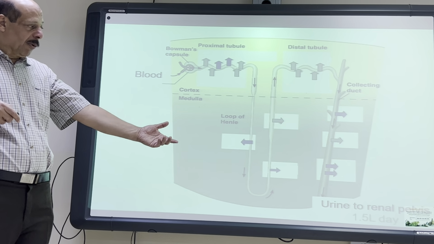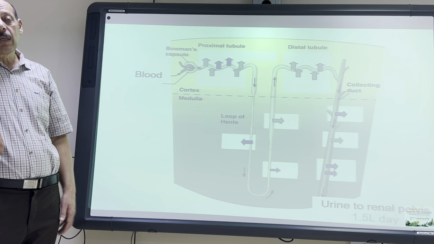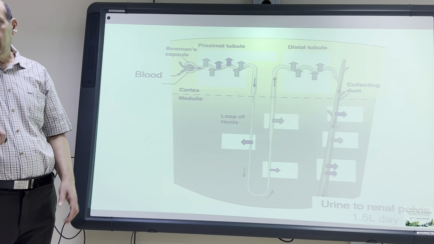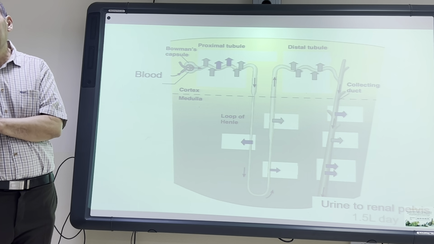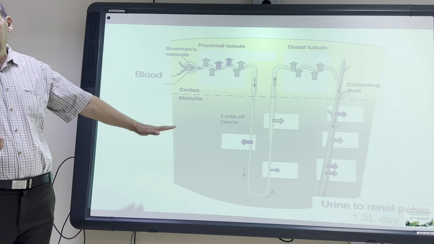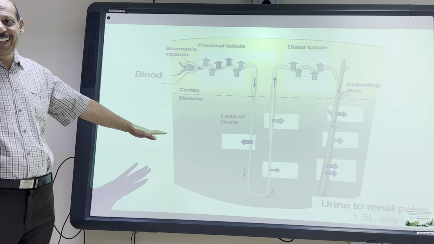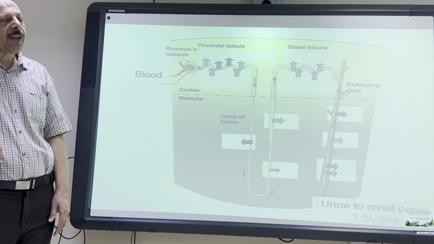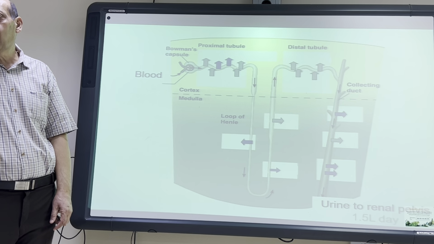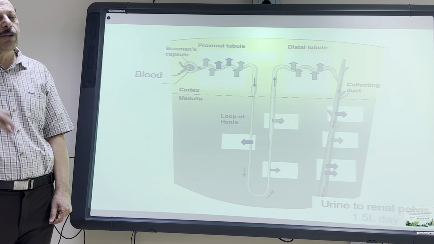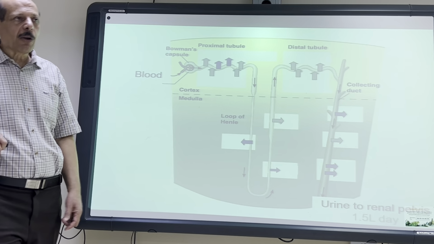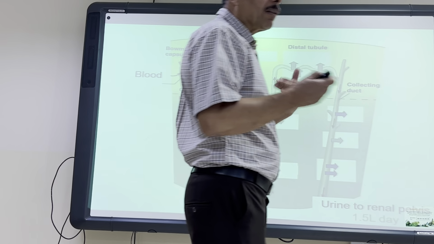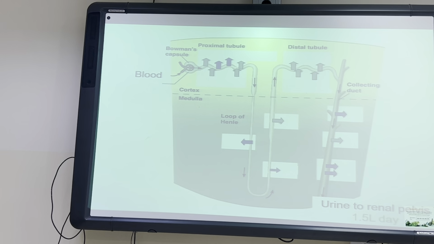The urine output, the renal output, is around 1.5 liters per day. So from the filtrate of 180 liters, only 1.5 liters comes out of our body. It also depends upon the water and fluid intake. When we take more fluid, we might pass more urine.